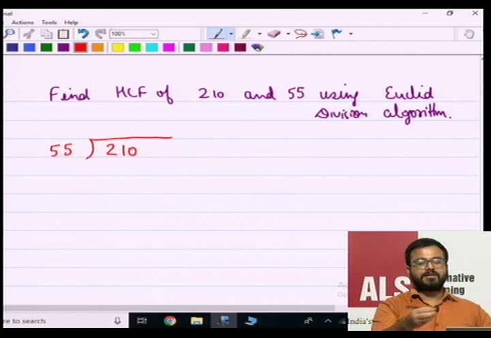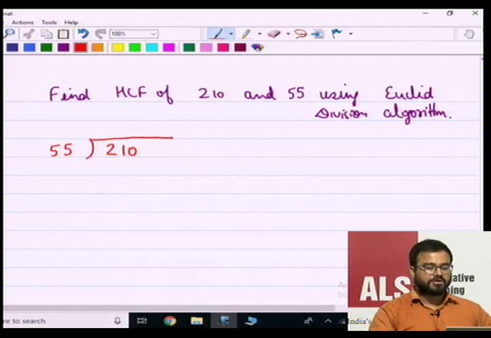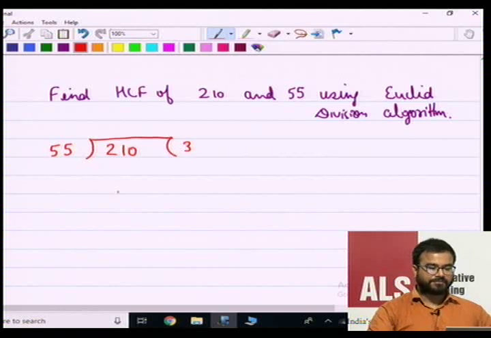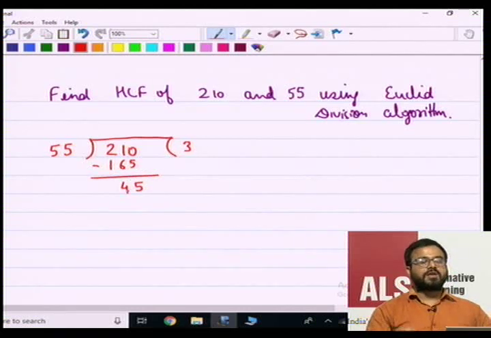We know that 210 is not a multiple of 55, so we will do normal division. 55 times 4 is 220, so we go for 55 times 3, which gives 165. On subtracting we get 45. Now you know that the remainder is not equal to 0.